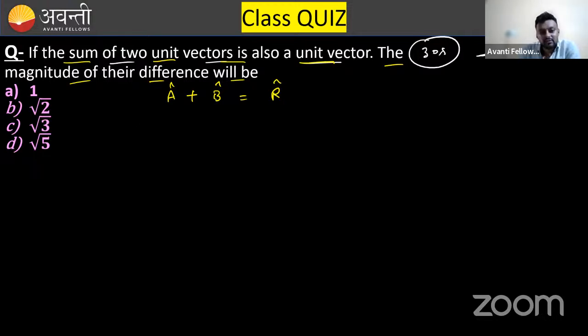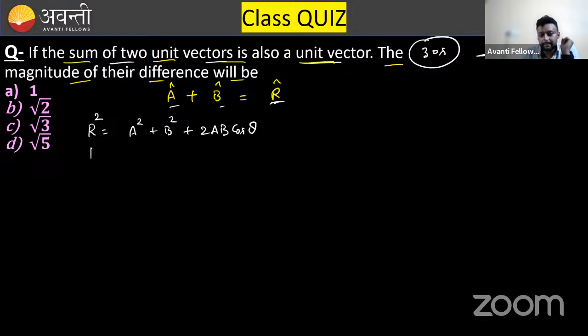Okay. So R is given as, if you apply the parallelogram relation, this R is again square root of A square plus B square plus 2AB cos theta. And if I remove the under root sign, it will become R square. But they are saying the sum of these two vectors is a unit vector. That means R is a unit vector.